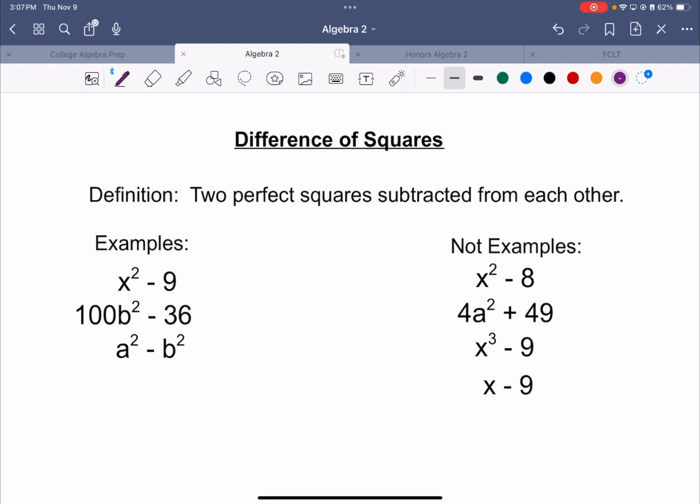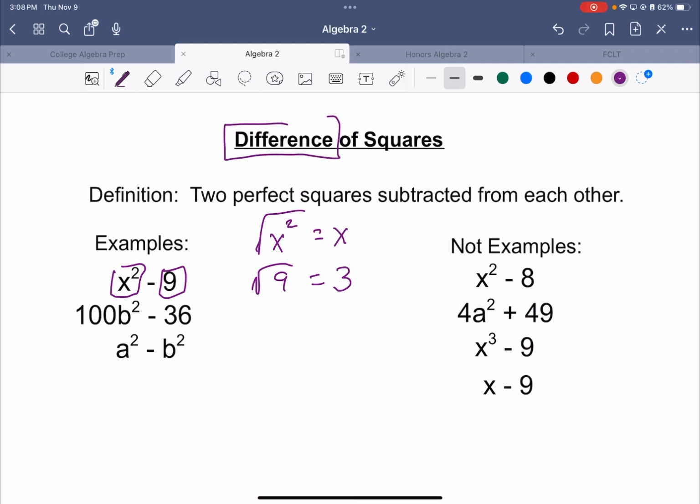Difference of squares means the first term and the second term are perfect squares, meaning you can take the square root of them and get a nice result. If I take the square root of x squared, it's just x. The square root of 9 is 3.